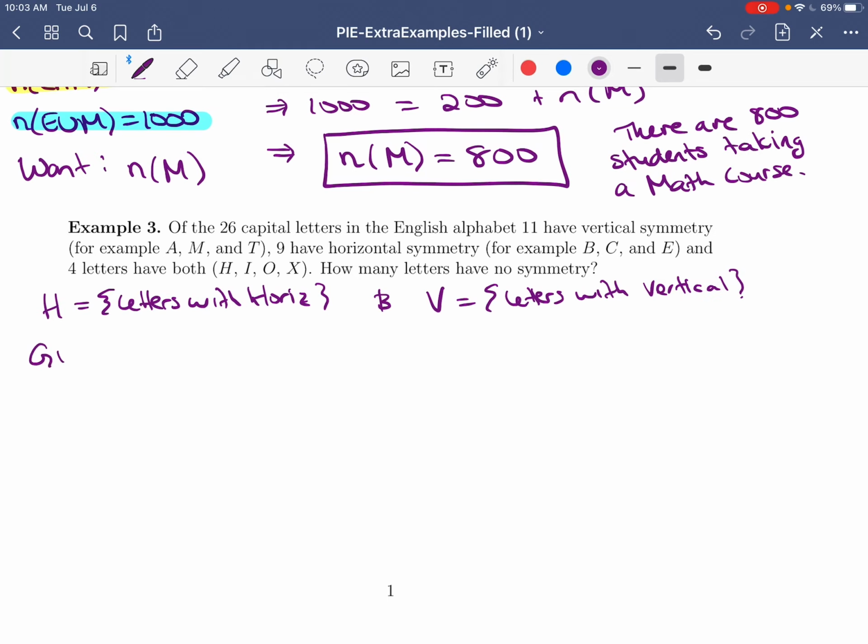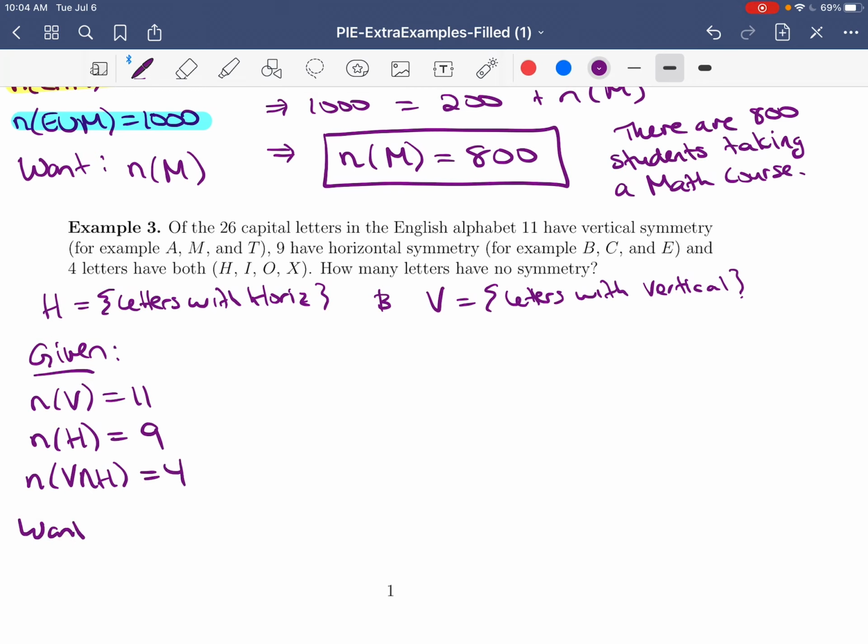Okay, so then what did they give us? 11 have vertical symmetry, so that's the number in V. 9 have horizontal symmetry, so that's the number in H. And 4 have both, so that's V intersect H is 4. Okay, and then what they want is how many letters have no symmetry.